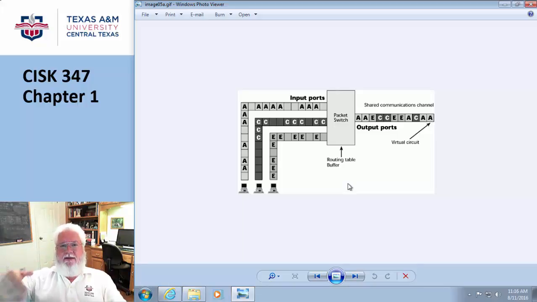But it took a while, right? It took me a couple seconds to dial the number, and it took a few seconds for grandma to answer the phone. So building up that circuit and tearing down that circuit is kind of expensive, so to speak. Not from a money perspective, but from a time and energy perspective, it's expensive. Okay, so that's what circuit switching is all about.